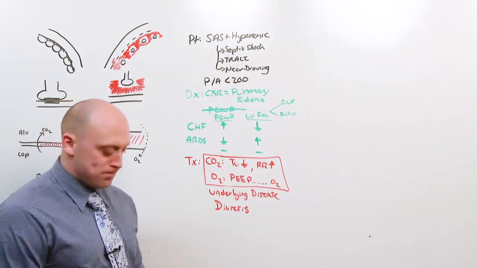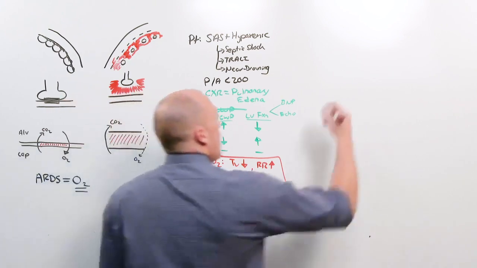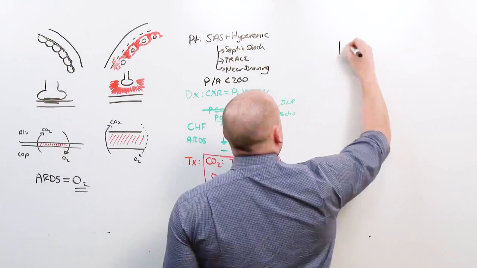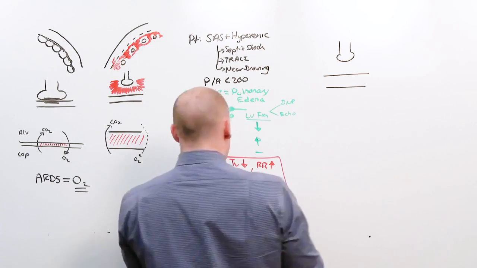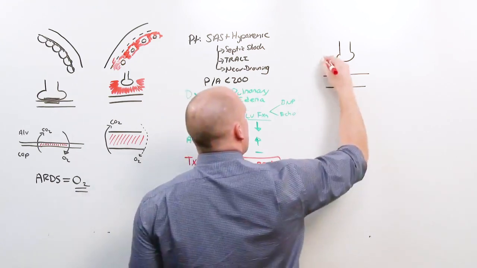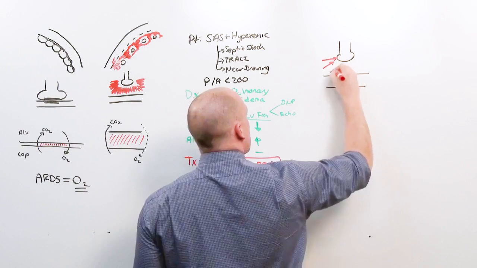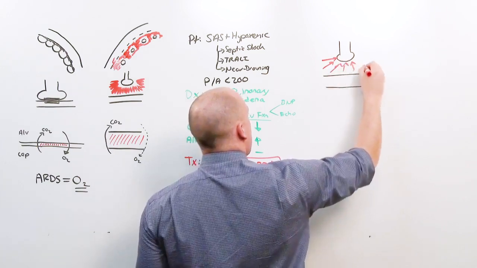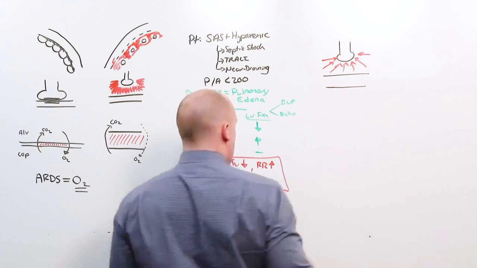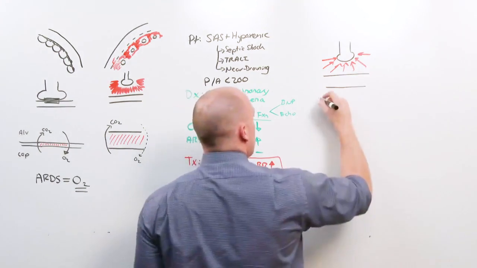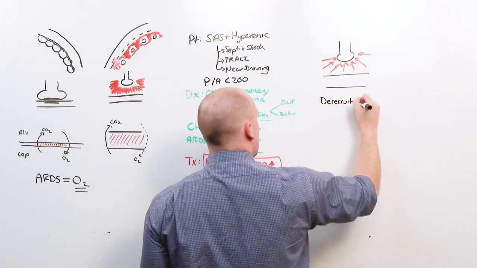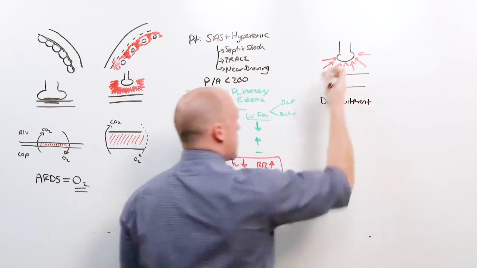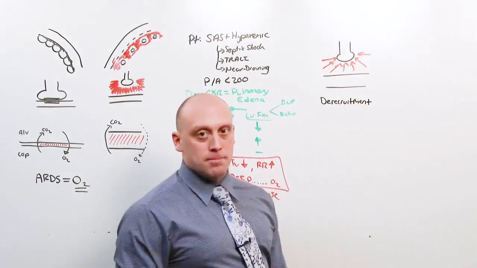How does that work? Let's look at these alveolar capillary membranes one more time. This is the bad one. All that fluid leaked out, and all that fluid started to crush the alveolus. This is said to be de-recruited. And until the insult is over, that alveolus is not coming back.